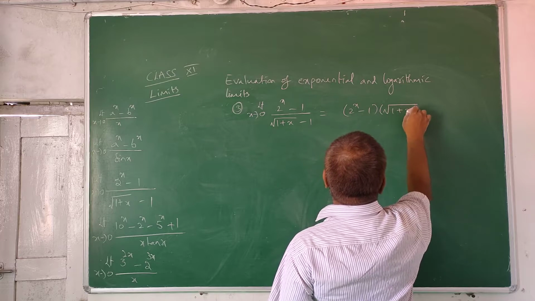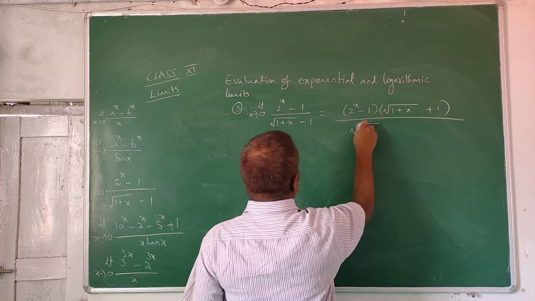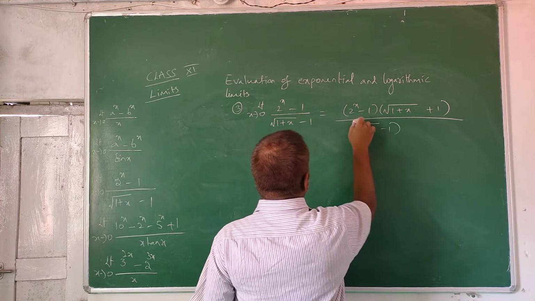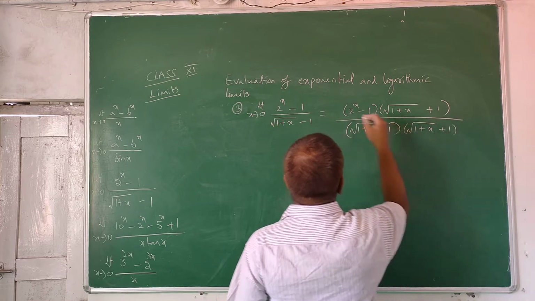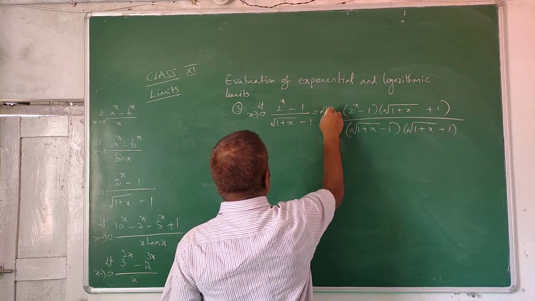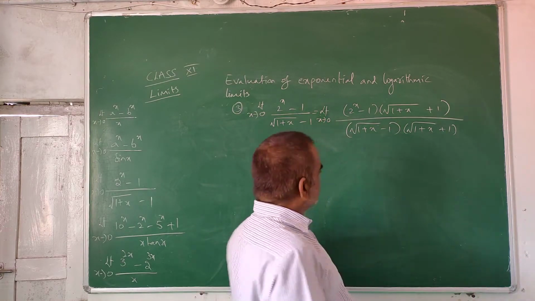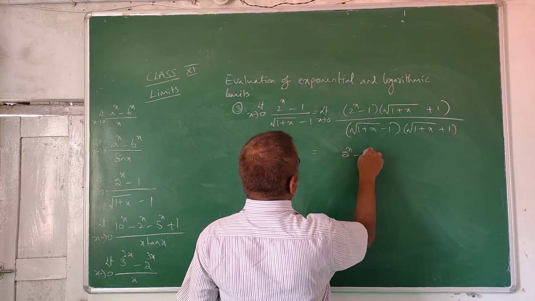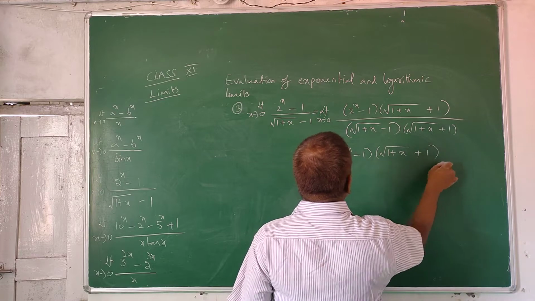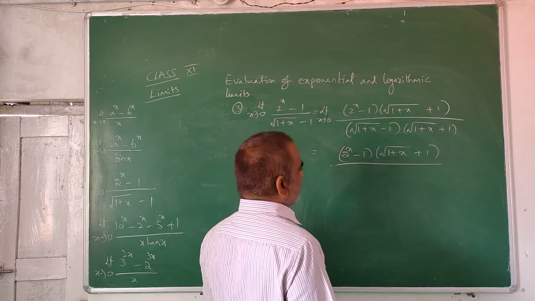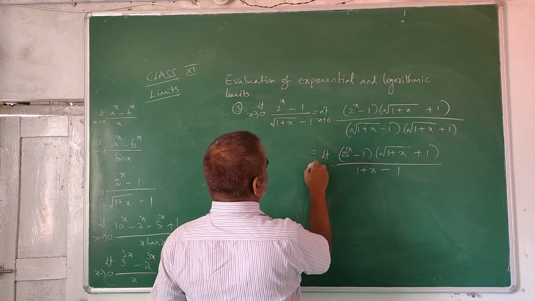So here you get root(1 plus x) plus 1 upon root(1 plus x) minus 1 into root(1 plus x) plus 1, as limit x tends to 0. So this is equal to (2^x minus 1) into (root(1 plus x) plus 1) upon, a minus b into a plus b, a square minus b square. So it results as 1 plus x minus 1.